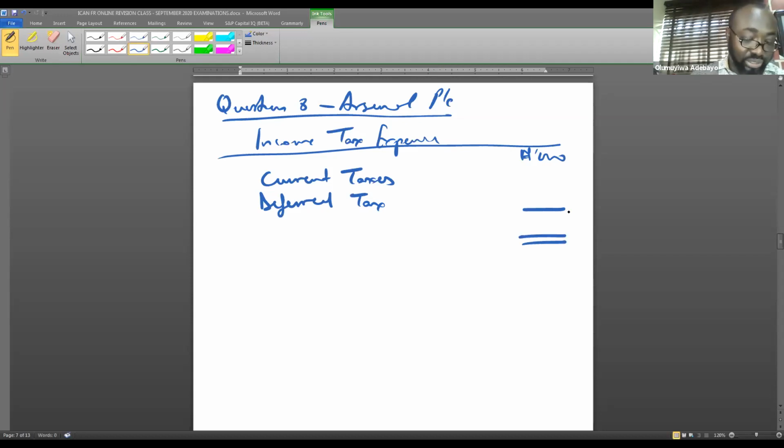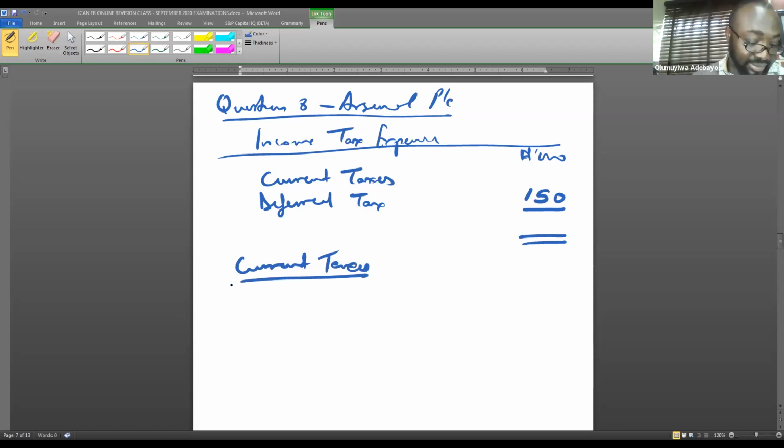Now, if you check the question, in note A, they said deferred tax charge was 150. That means they've computed that for us since they know we have not gotten to the level of doing it ourselves. But to determine current tax, we need to do some workings.